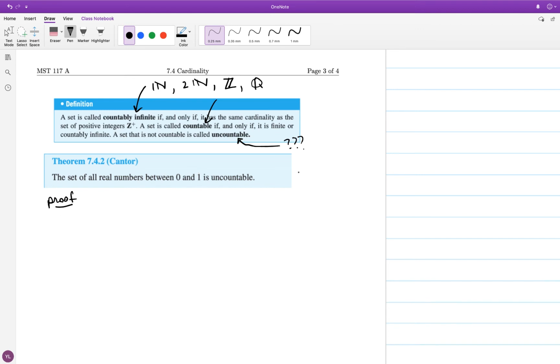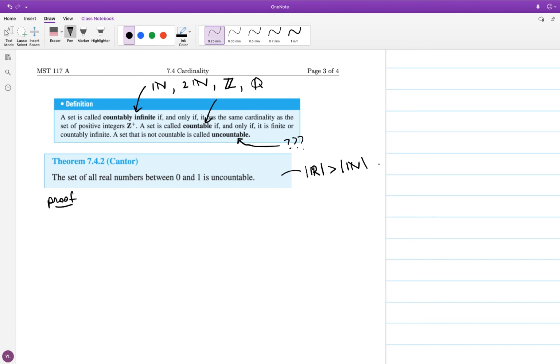And from this, I'm going to conclude that the cardinality of the entire real number set is bigger than the natural numbers. So what I'm going to prove is there's absolutely no way to get a bijection from N onto the real numbers between 0 and 1.